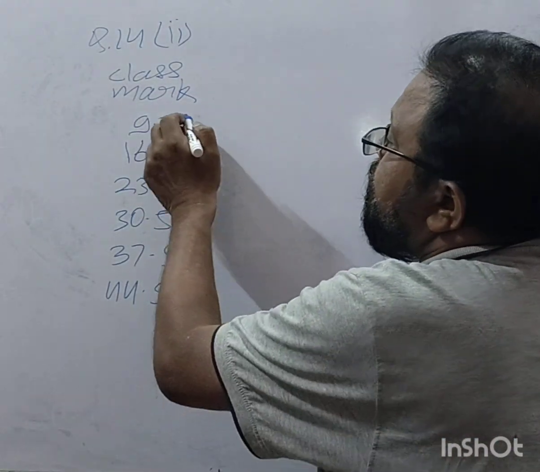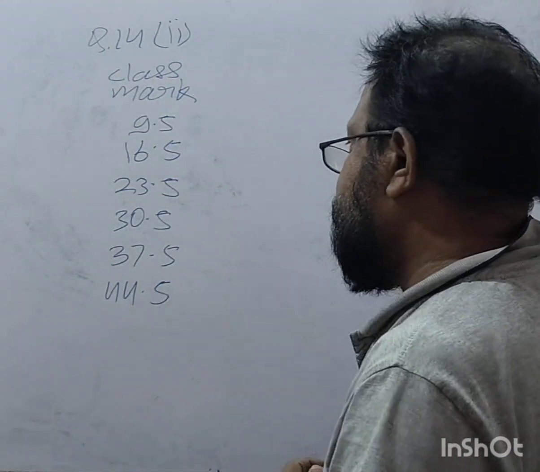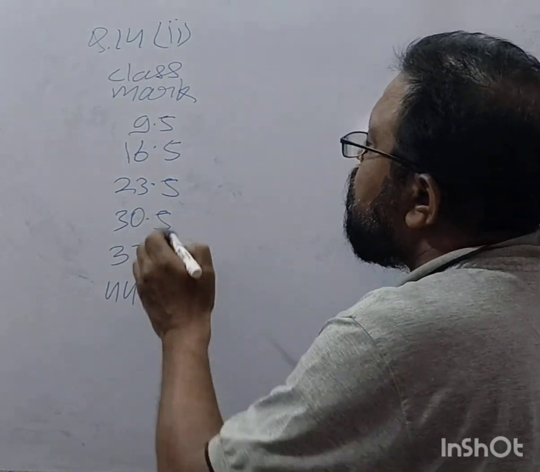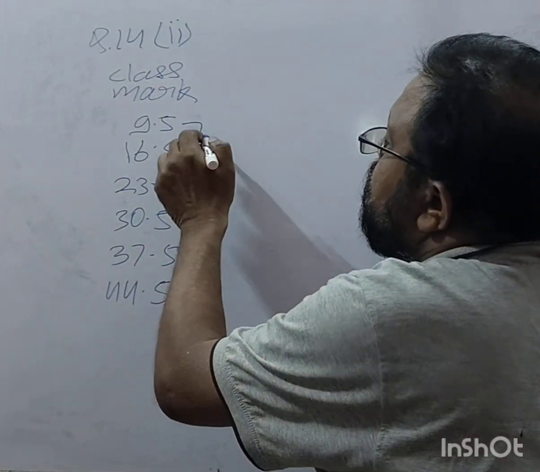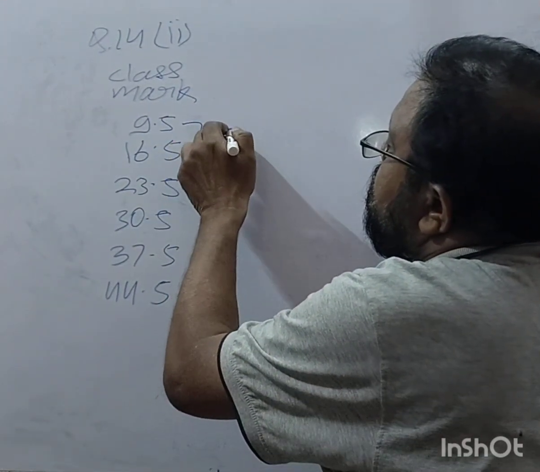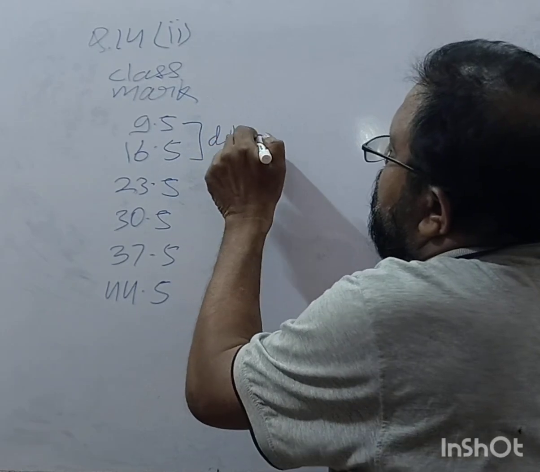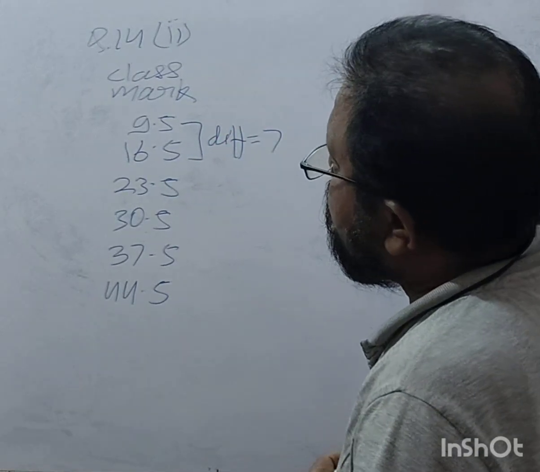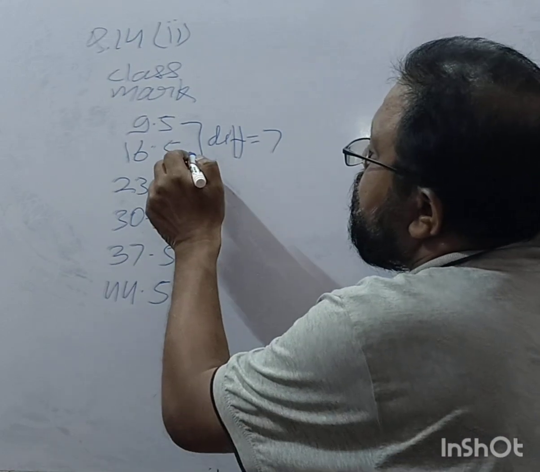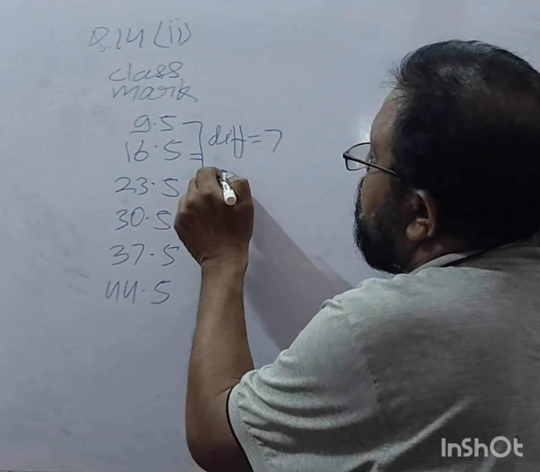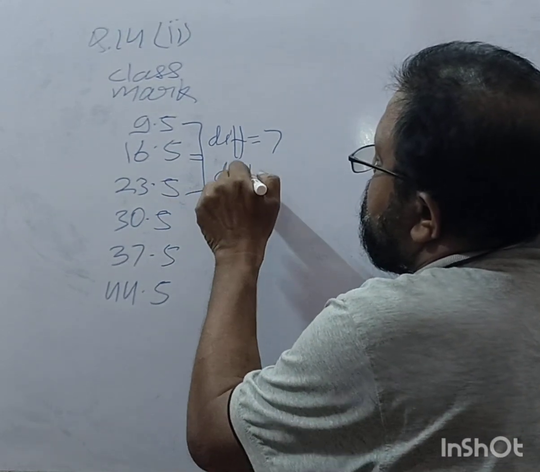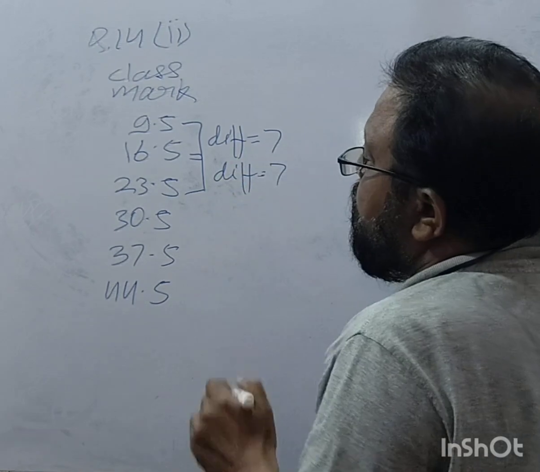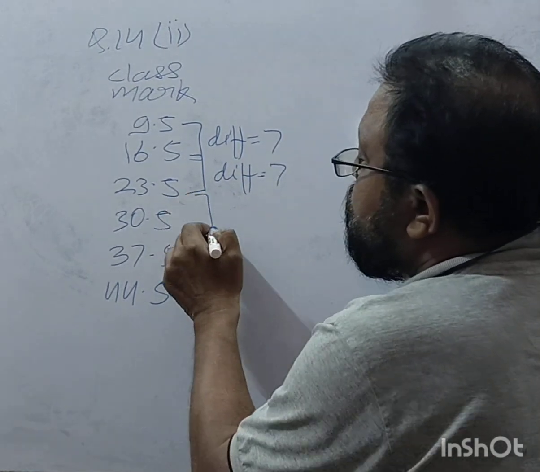So what is the difference between these two? The difference is equal to 7. Here also the difference is 7.